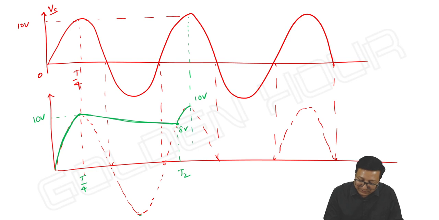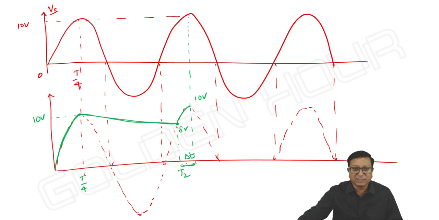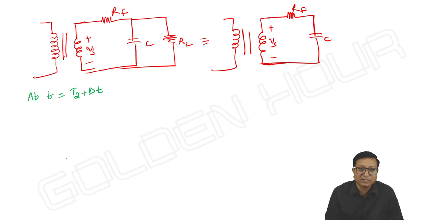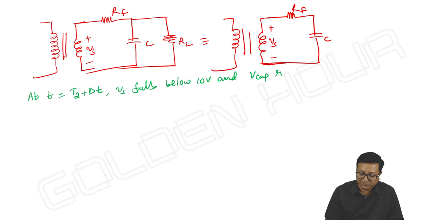Okay, let me take this instant as delta t. Means it is T2 plus delta t. At t equal to T2 plus delta t, Vs falls below 10 volts and V capacitor reaches 10 volts.